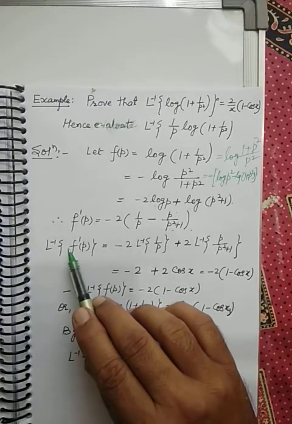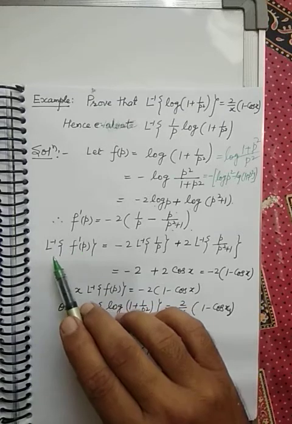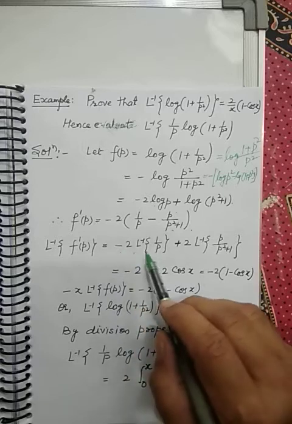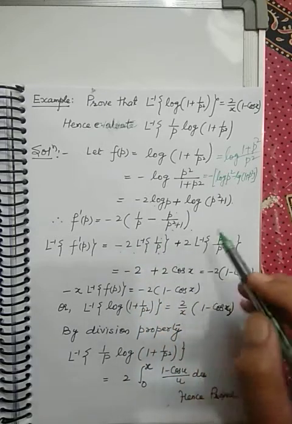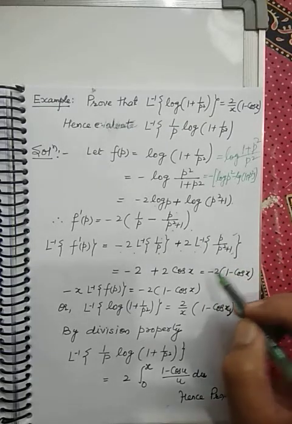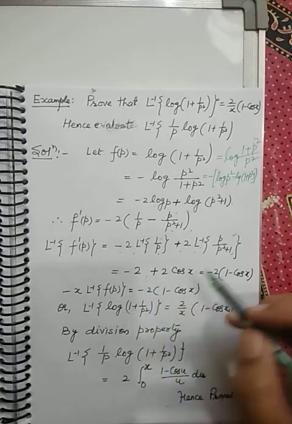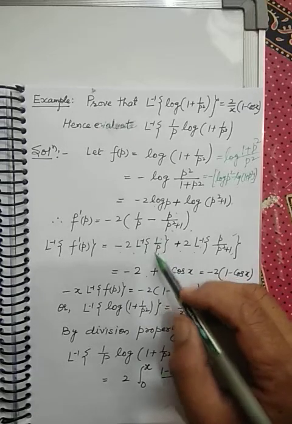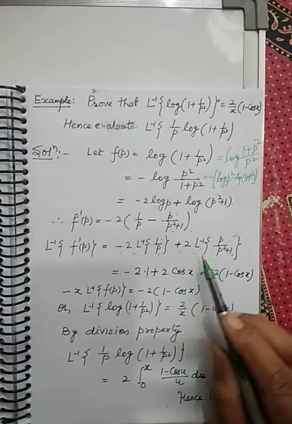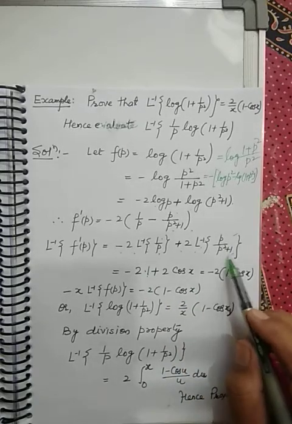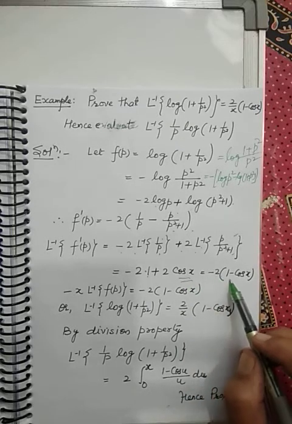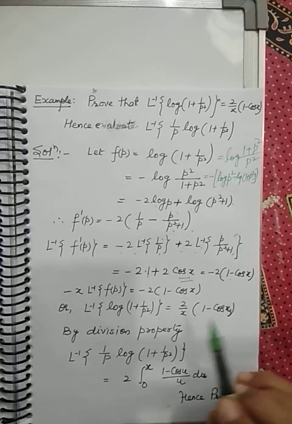Taking the inverse Laplace transform on both sides, the inverse Laplace transform of f dash p will be equal to minus 2 inverse Laplace transform of 1 upon p plus 2 inverse Laplace transform of p upon p square plus 1, which is minus 2 times 1 plus 2 times cos x. Therefore, minus 2 common, (1 minus cos x).